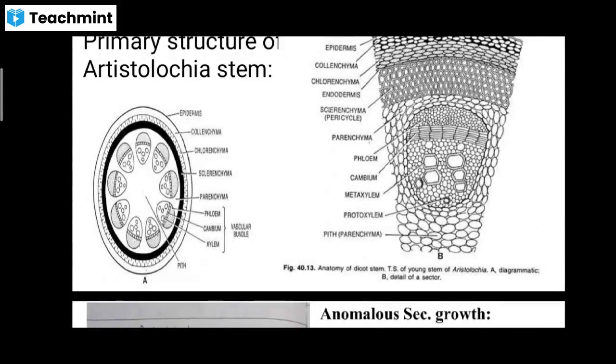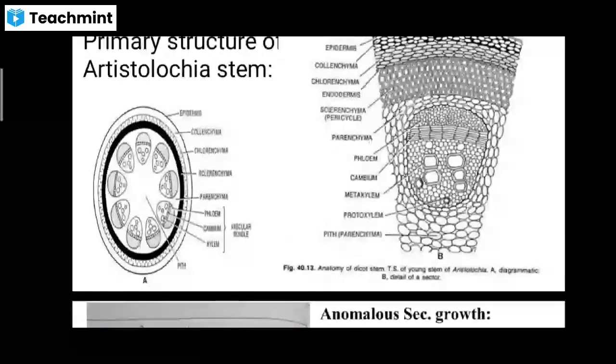The primary structure of Aristolochia shows the outer layer as the epidermis, followed by collenchyma. Then there is the chlorenchyma, and next to the chlorenchyma there is the sclerenchyma. At the center there are some parenchyma cells, and there is a ring of vascular bundles.